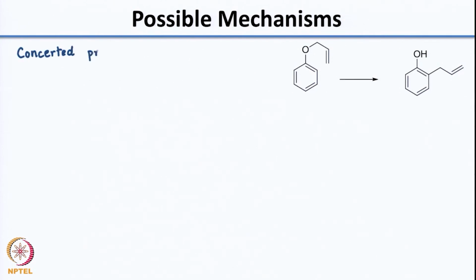This is the textbook mechanism which you must have studied. In the concerted process, and as I told you, it is a 3,3 sigmatropic shift.